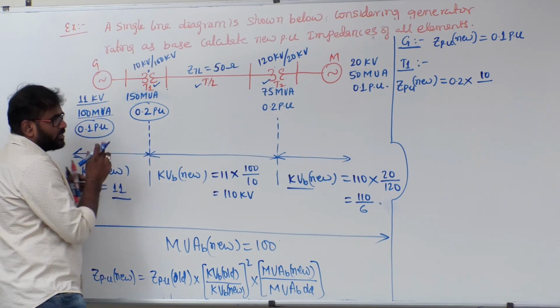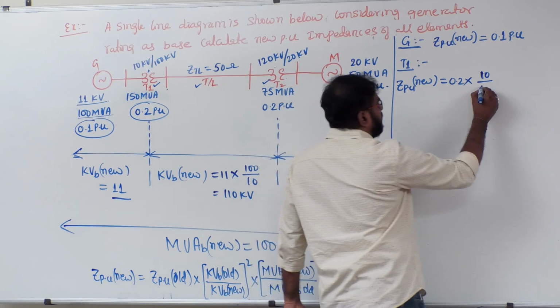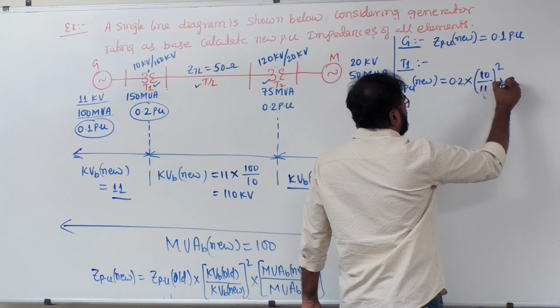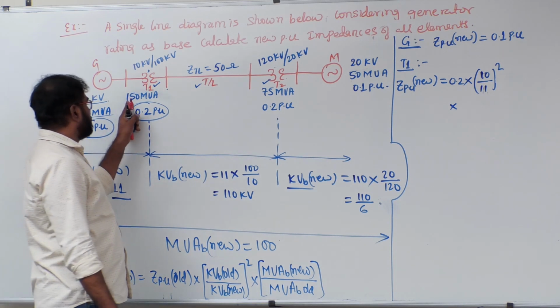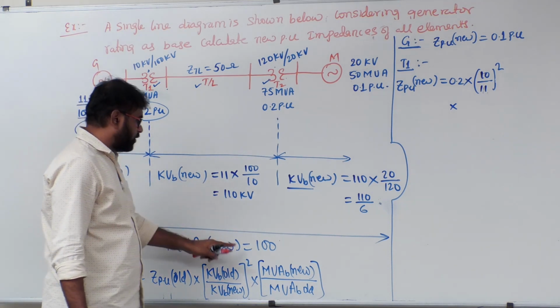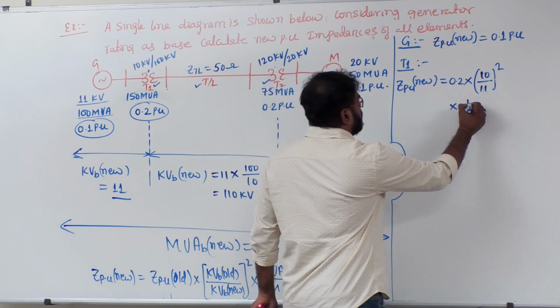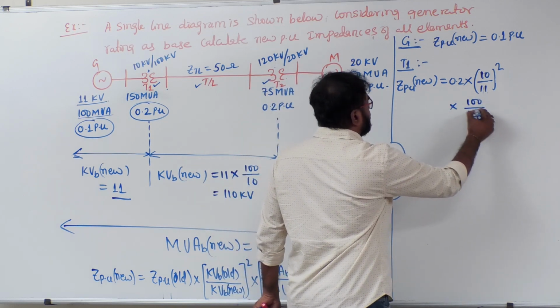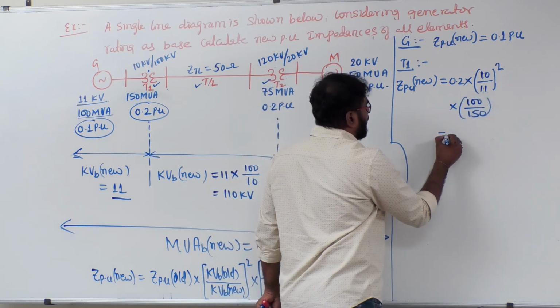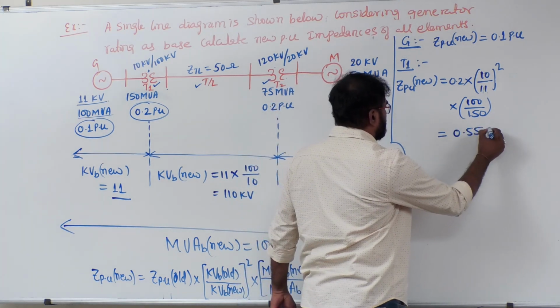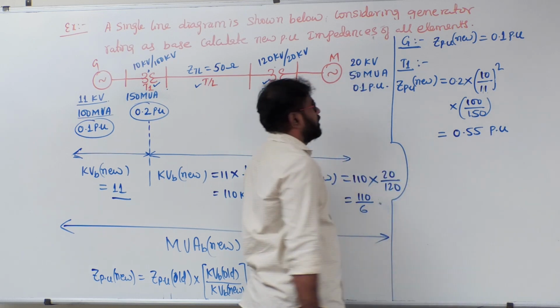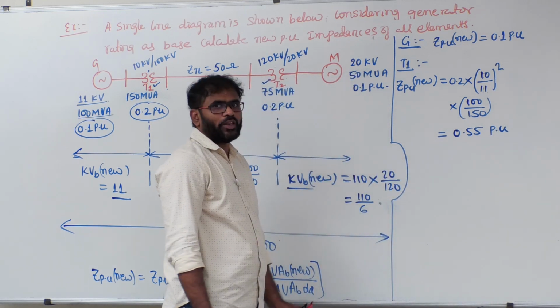So 10 by 11 square, into MVAB new by MVAB old. MVAB old is 150, MVAB new is 100. So 100 by 150. If I solve this, we get 0.55 per unit approximately. That is the transformer 1 new per unit impedance.